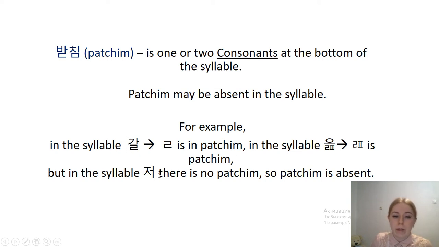In the syllable cho, there is only one floor, cho, two letters and no pachim. Why do we study pachim? What is it? Because it's necessary for our further rules. We will talk about pachim, and you have to know what it is.